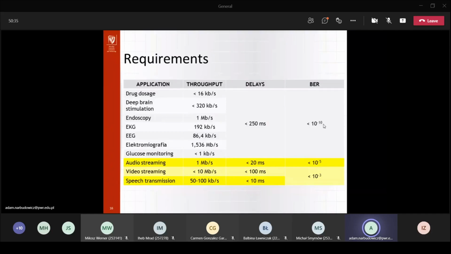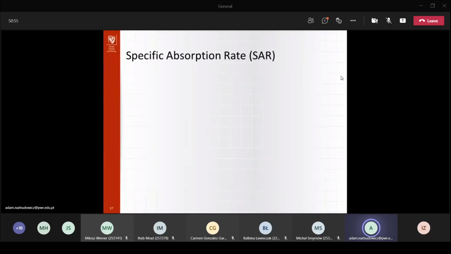So a few bits flipped can cause serious damage to your patients, because, for example, they would have a different amount of drug injected into their body.